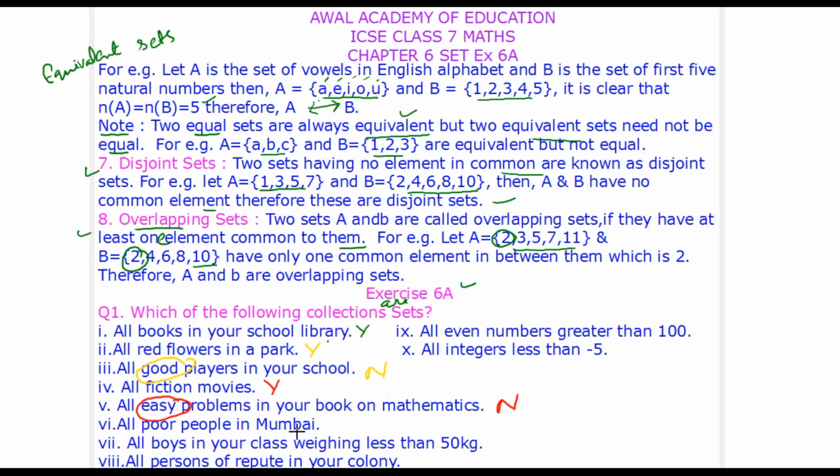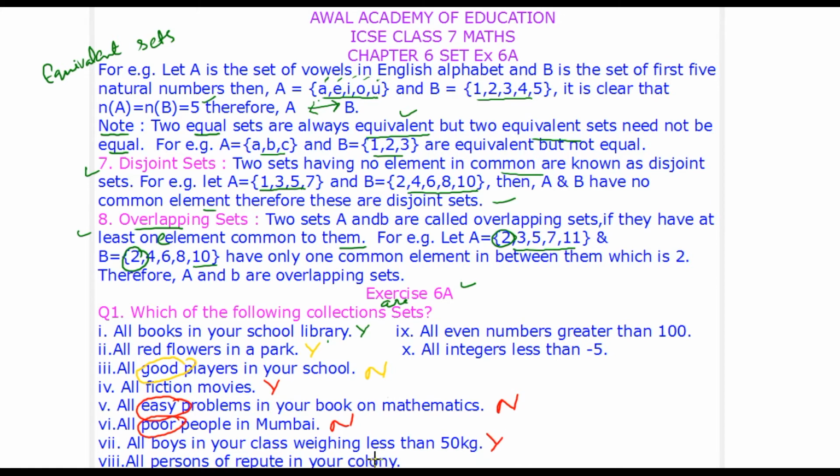All poor people in Mumbai: it has the vague word "poor", so it is not a set. All boys in your class weighing less than 50 kg can be counted, no vague item in it, so it is a set. Yes.